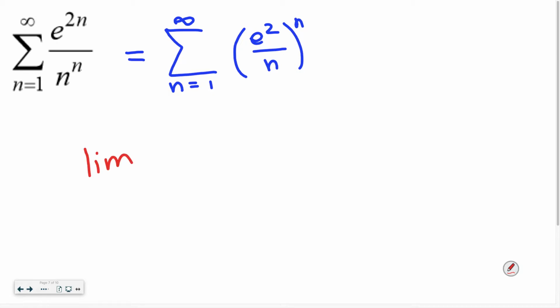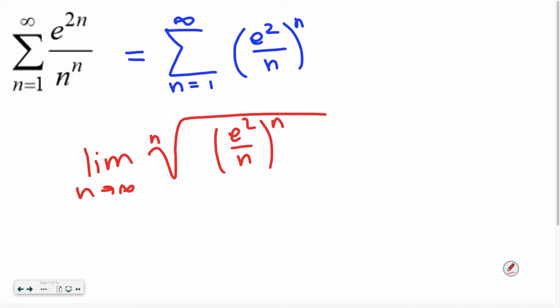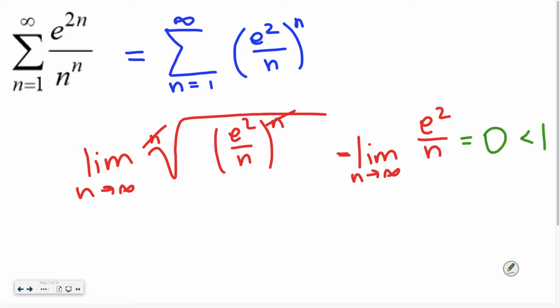We'll take the limit as n approaches infinity of the nth root of e squared over n to the n power. Because we have an n power and an nth root, they kindly cancel out, and we're left with e squared over n. Look, it equals 0. We have a constant over n. That limit is 0, which is less than 1. So this series converges.